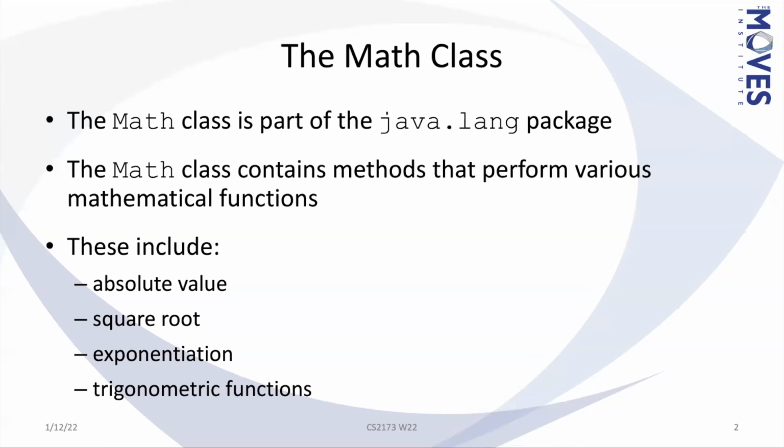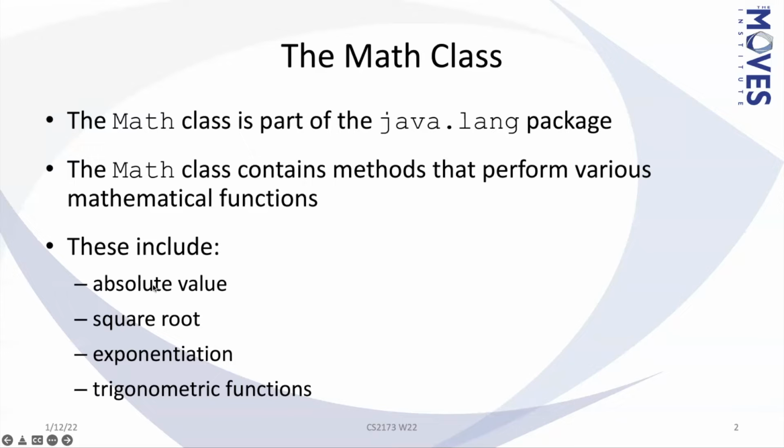Okay, so the math class is part of the java.lang package. It was there since version 1 back in the mid-90s. And what it does is it has these static methods that perform a number of mathematical functions, things that you would typically want to do and not be implementing yourself.